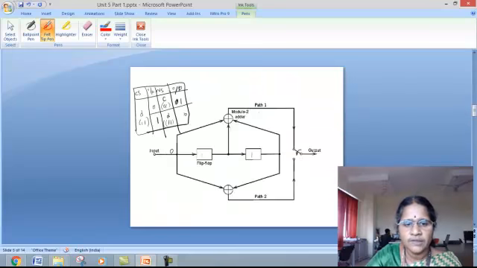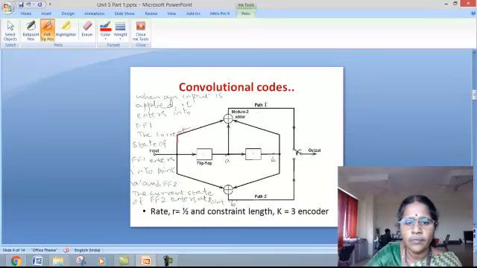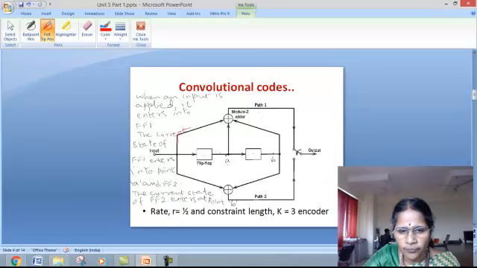So here this represents the coefficient from the flip-flop 1, that is the d's coefficient, and this represents the d square's coefficient. And thereby for this encoder, the impulse response for the upper path, that is the input to the modulo 2 adder, is 1.